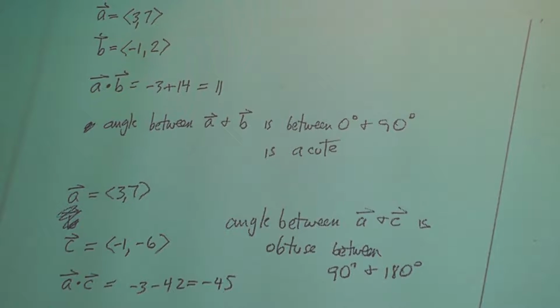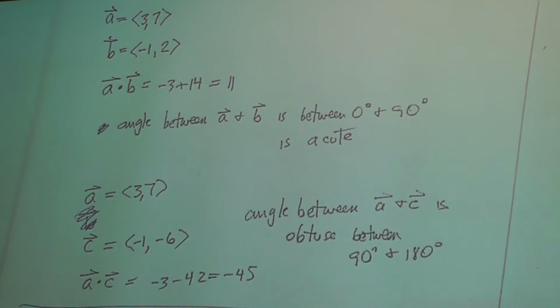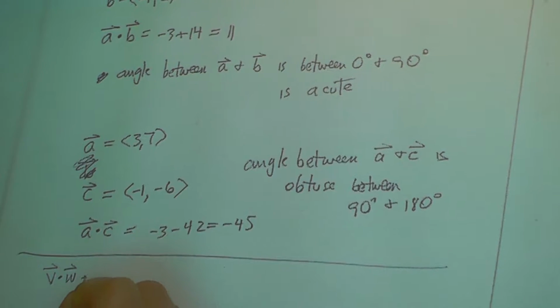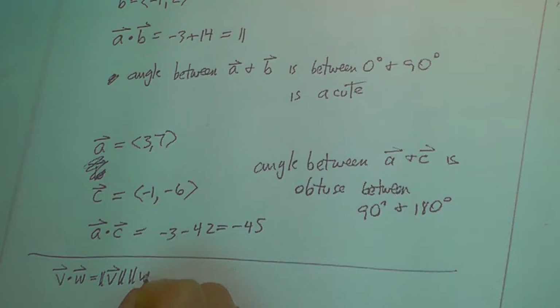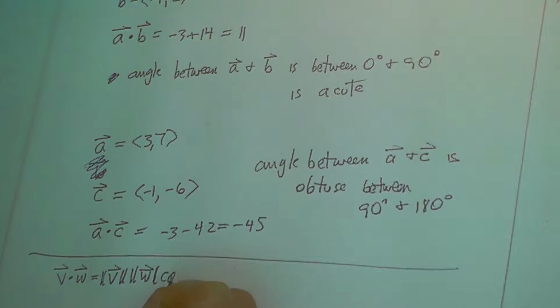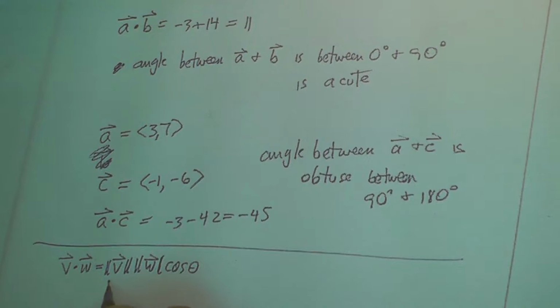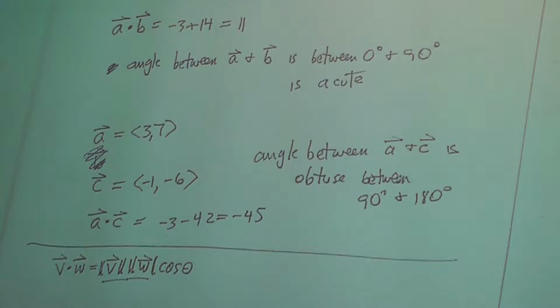It's purely the sign, because what I know is, in general, V dot W is magnitude of V, magnitude of W, times cosine of the angle between them. Okay? Magnitudes are positive. They're square roots.